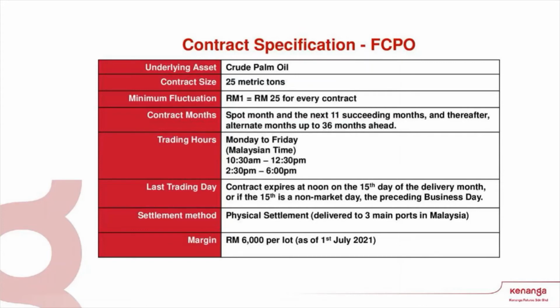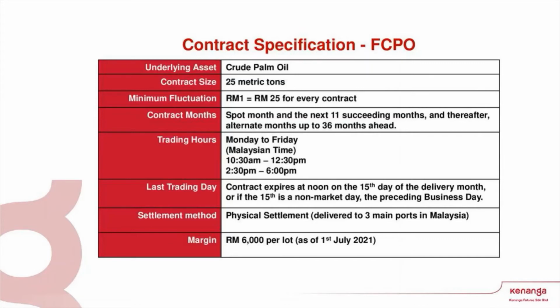The contract size, representing the number of units of the asset in one contract. The minimum fluctuation of the contract, meaning how many points it moves by, and how much each point is worth in ringgit terms. For FCPO, the prices move up or down by 1 ringgit, and each 1 ringgit movement is worth 25 ringgit in your portfolio.